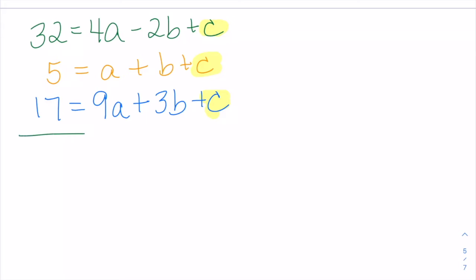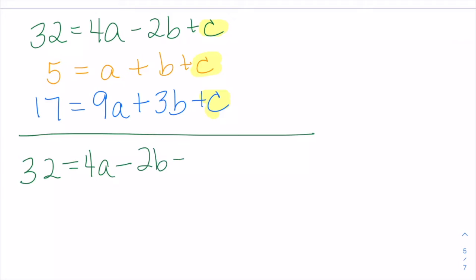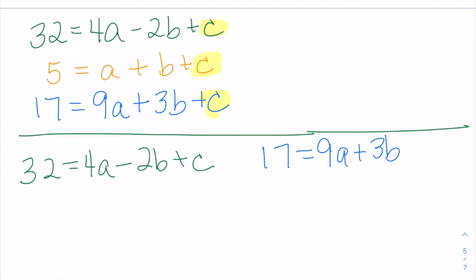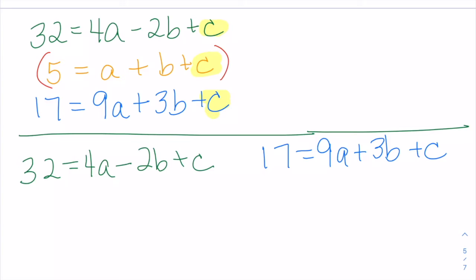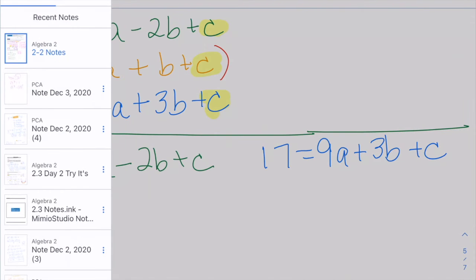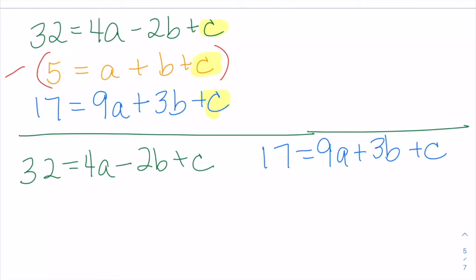We're going to write each equation. So here's 32 equals 4a minus 2b plus c. And then I'm going to use the other one, 17 equals 9a plus 3b plus c. And what I'm going to do is take the one in the middle, multiply it by negative 1, and essentially subtract it from each of the other equations.